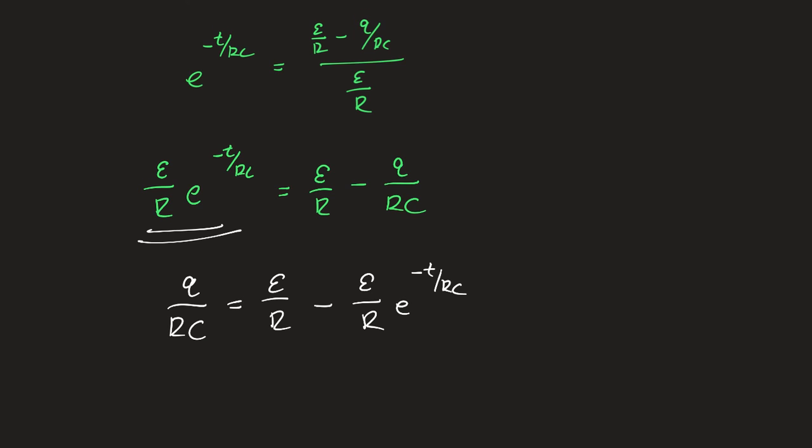There's an R in every term. You guys see that okay, right? So can I just get rid of the R that's in every term without causing too much of a ruckus?